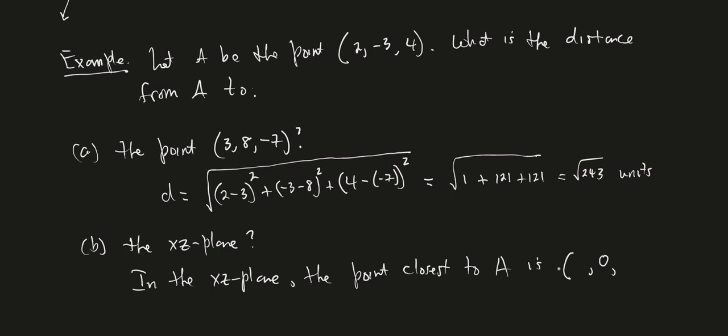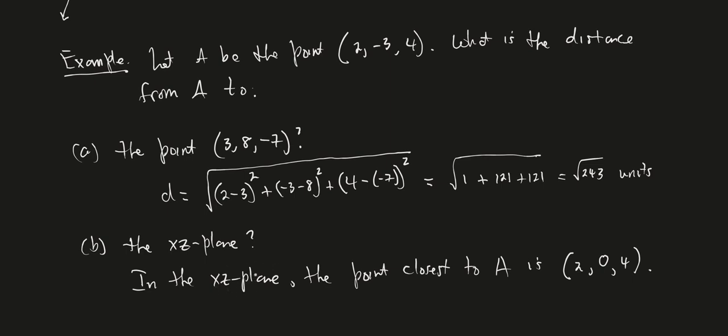In order for the point that I'm coming up with to be closest to A, I'd have to choose the same X and Z value of my point A, but then to force it to be in the XZ plane, I have to make the Y value 0. So it's this point, right? So this point is closest to A and is a point in the XZ plane.